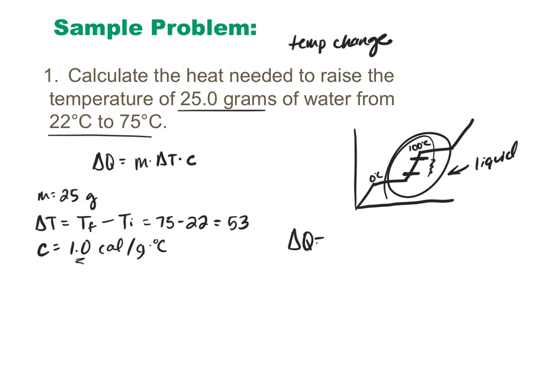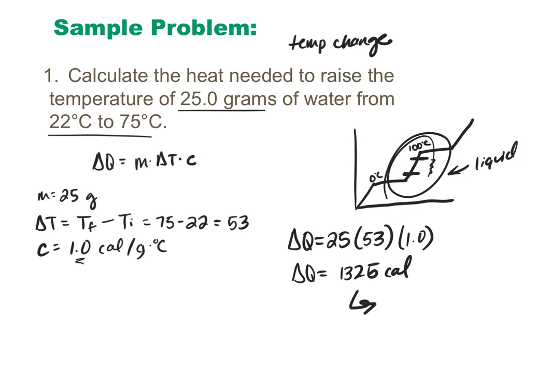So to plug it all in, I take 25 grams, multiply it by 53, and then C is 1.0. And again, I'm choosing that because my state of matter here is a liquid. So altogether, delta Q is equal to 1325 cals. In correct significant figures, 1300 cals.